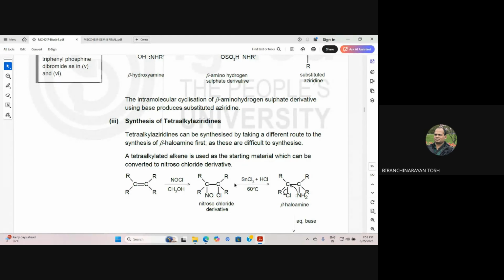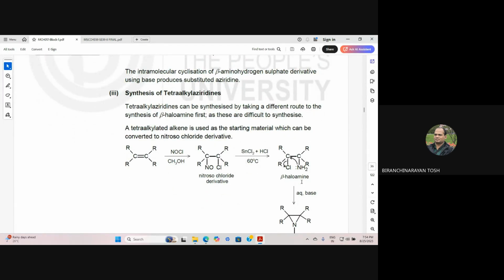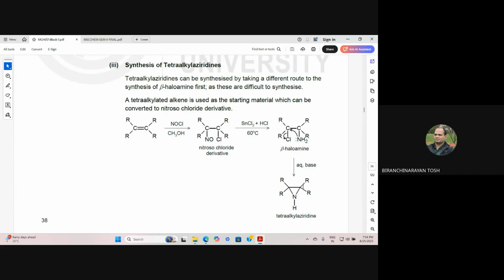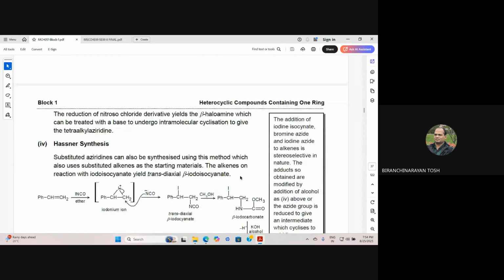When reduced with stannous chloride and HCl, the nitroso group will be converted to amine, NH2, a beta haloamine. When treated with a base, we will get aziridine in which the carbon atoms are substituted by alkyl groups. So tetraalkyl substituted aziridine, or tetraalkyl aziridine. So these are the methods of preparation.